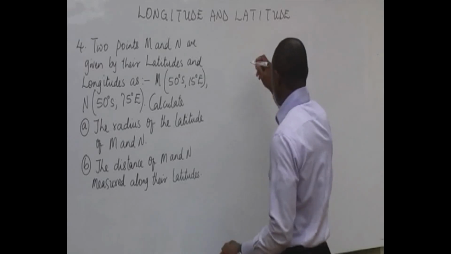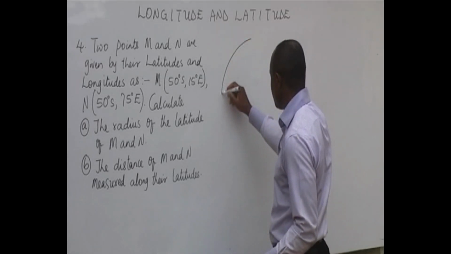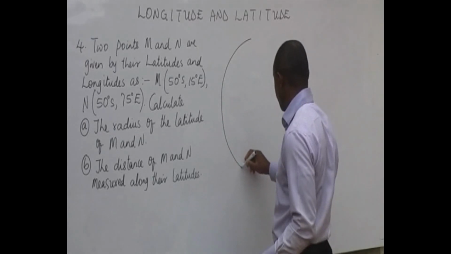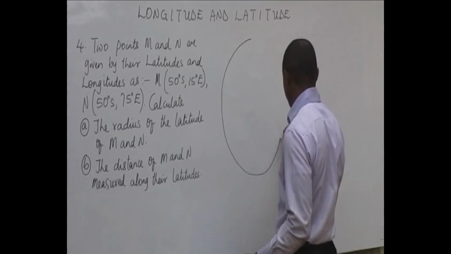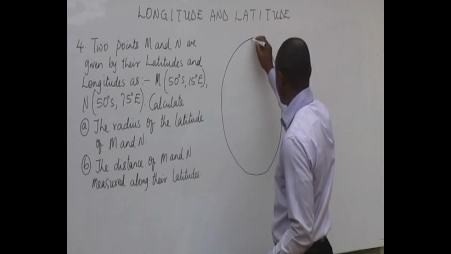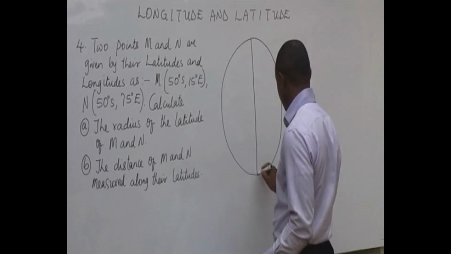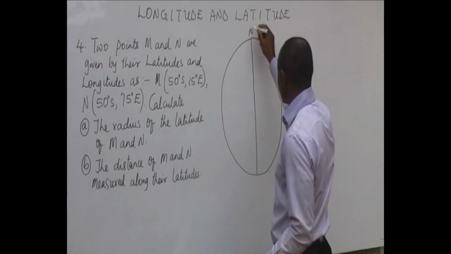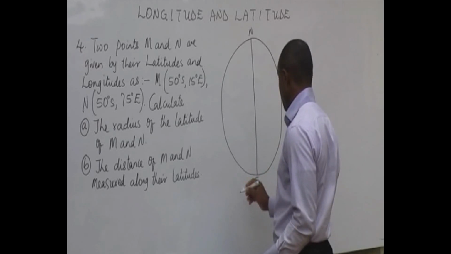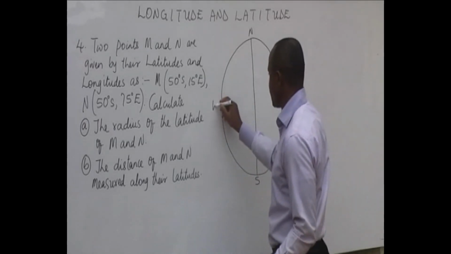Let's have our sketch. That is the first thing in solving a question on longitude and latitude. Draw your pole, connection of the north and south. This is your east, this is your west.